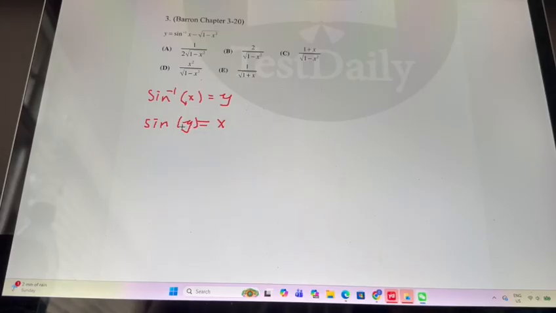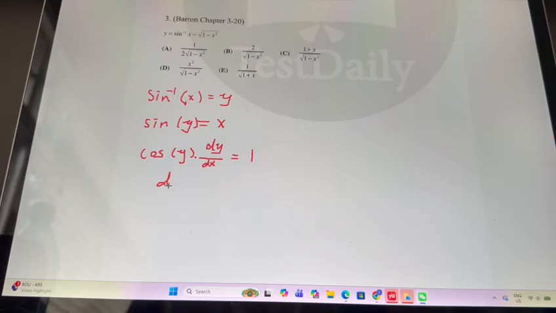Now if we take the derivative of both sides, it becomes cosine y, and here we need to use the chain rule, times dy over dx, equals 1.